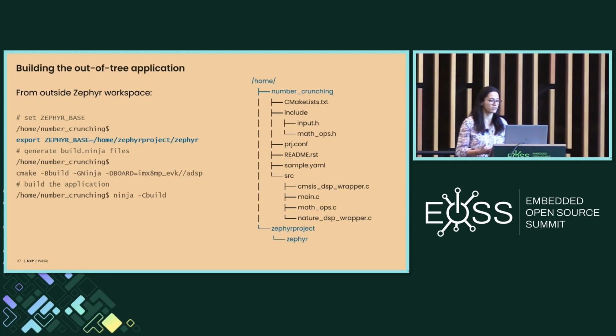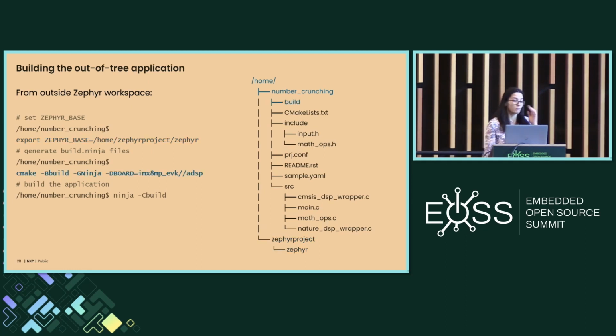So first, we need to set Zephyr base. This is an environment variable where we set the location of our Zephyr workspace. This ensures that CMake can automatically select a Zephyr installation to use for building our application. Second step will be to use CMake to generate the Ninja-based system build.